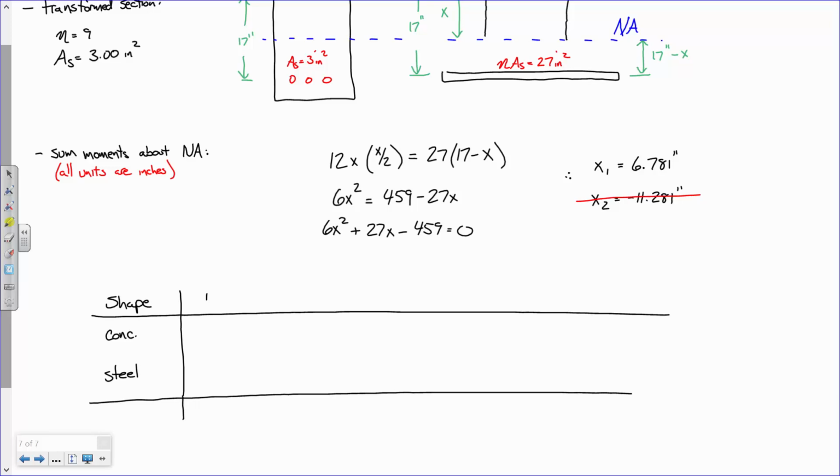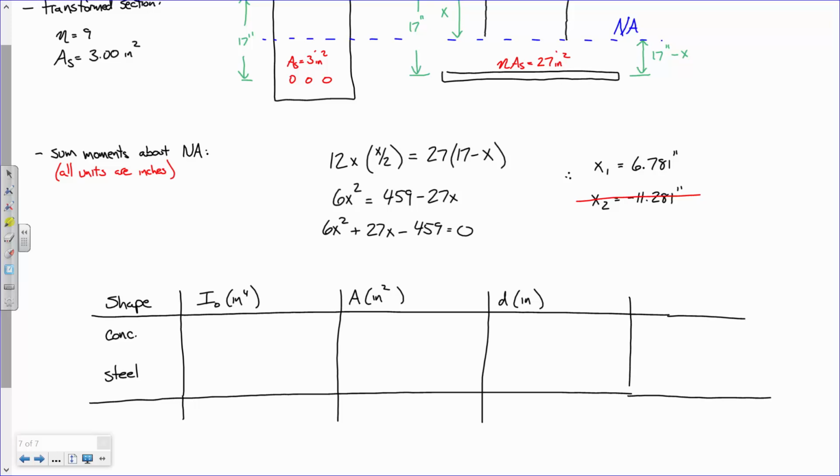We're going to have a moment of inertia, an area, a distance, and an I naught plus AD squared. That's what our parallel axis theorem states.